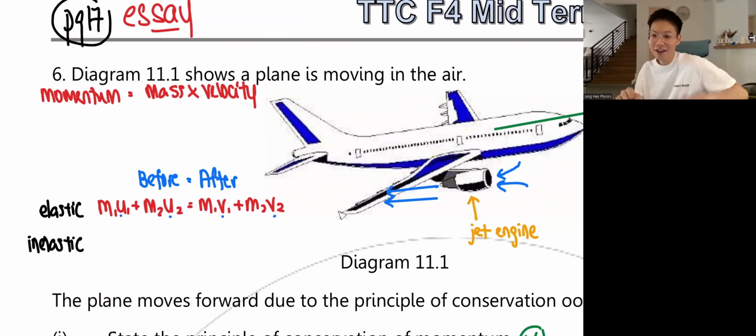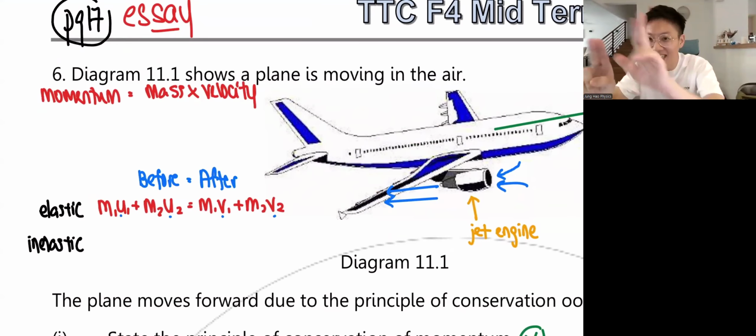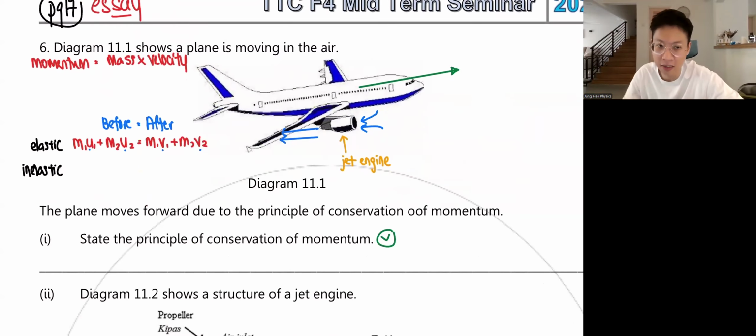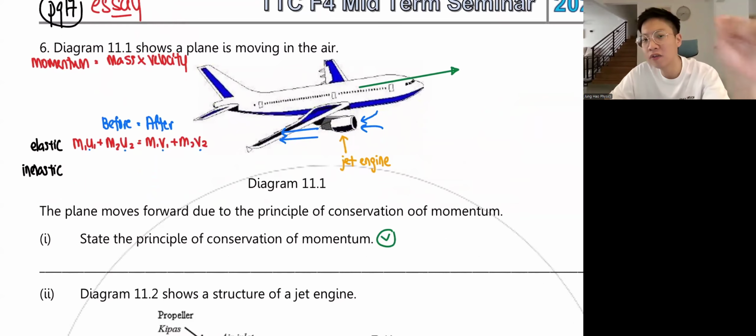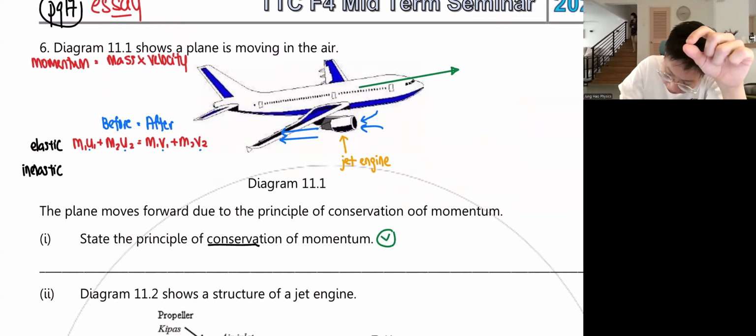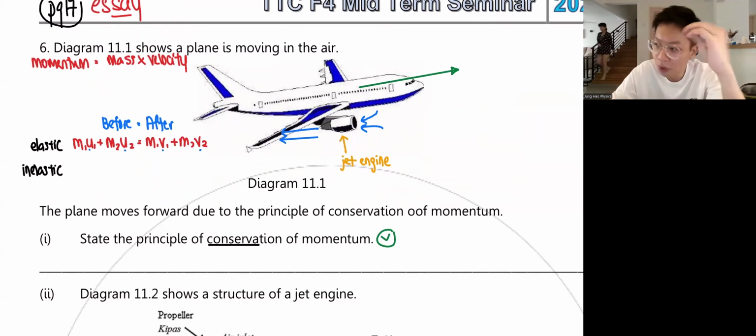Now you can see U means initial, right? V means final. U means starting, V means after the process. So actually, the principle of conservation of momentum, guys, don't say conserve. A lot of people will say the principle of conservation of momentum means that the momentum is conserved. You use back the same word. What is a table?